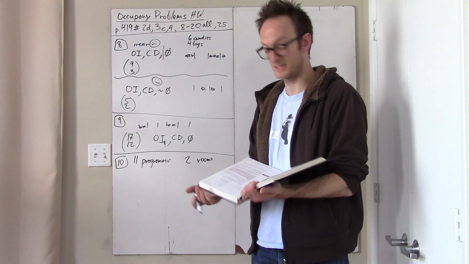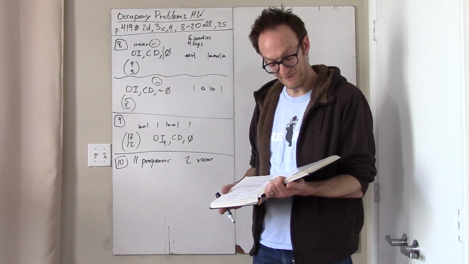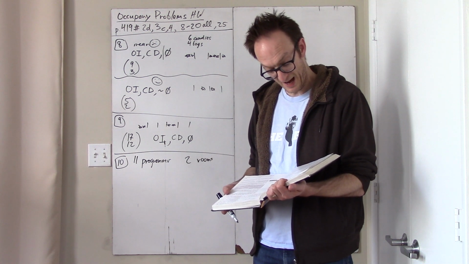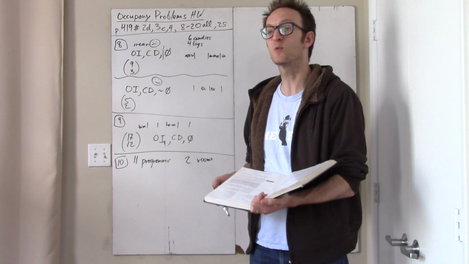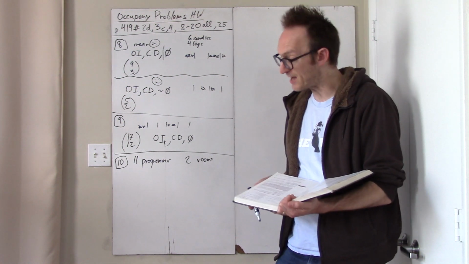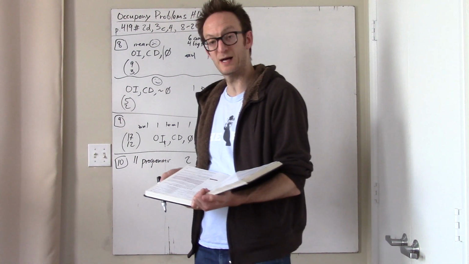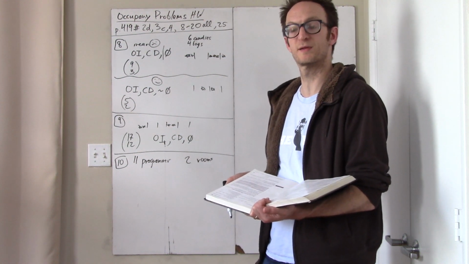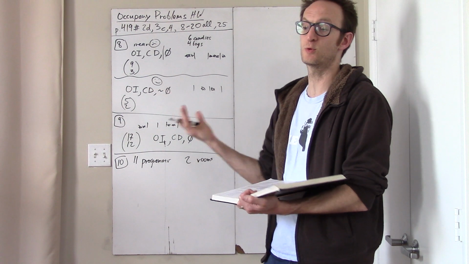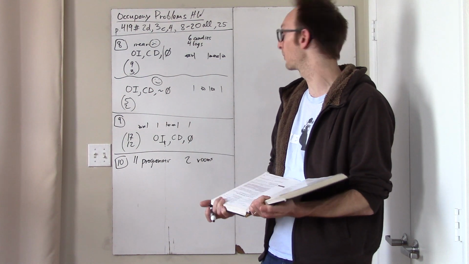So this problem essentially is asking us, if you have 11 programmers, how many ways can the programmers be assigned to suites is equivalent to how many ways can you divide the programmers up into groups, because the only thing that determines the difference between 2 different ways of doing it is who's in the room with you.